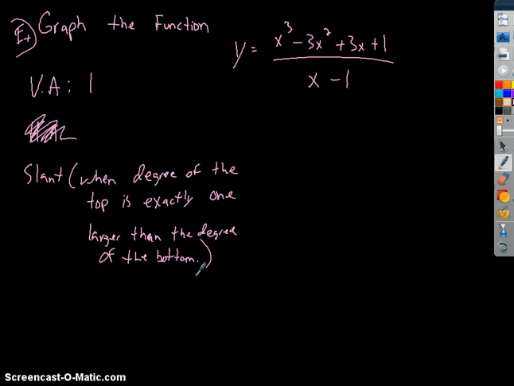Sometimes we have a slant asymptote, and the degree of the top is exactly 1 larger than the degree on the bottom. So if this was squared, it'd be a perfect example of a slant asymptote. It isn't. So in this case, we don't have a slant asymptote, we have an end behavior asymptote.